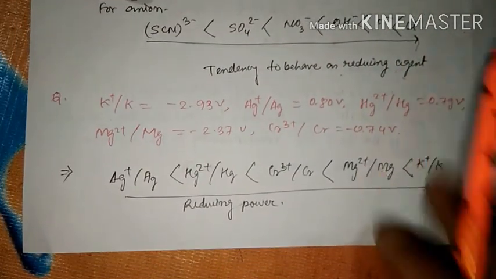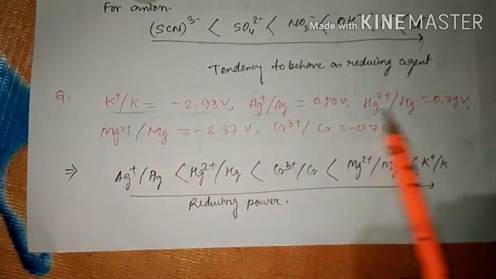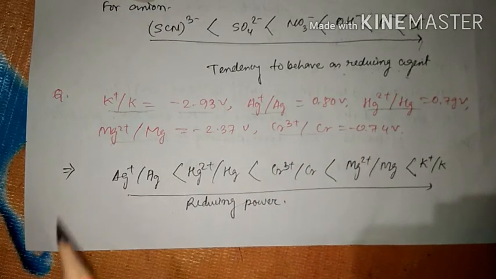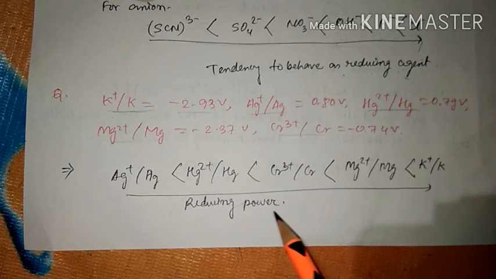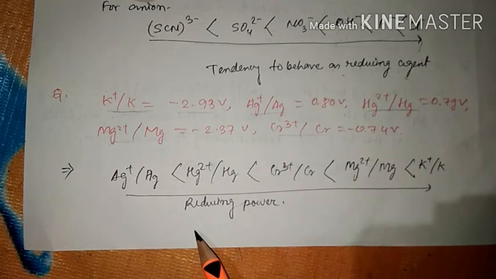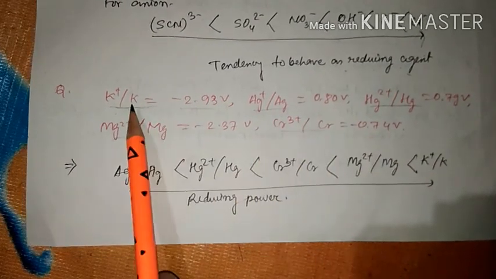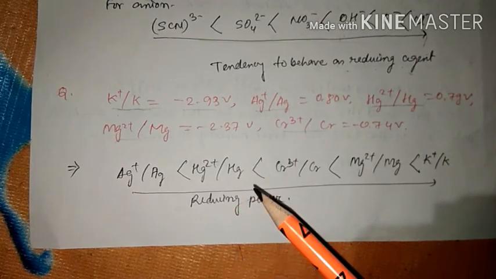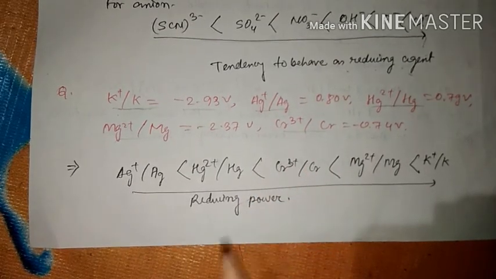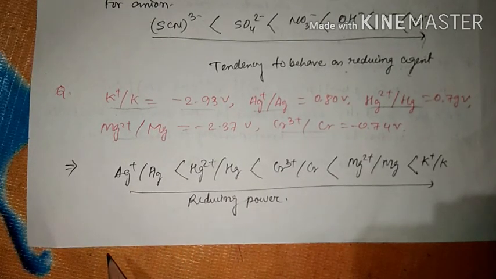Suppose in a question some reduction potential values are given, and the question asks to arrange them in increasing order of reducing power, or inversely, in order of oxidizing power, or which one is the strongest reducing agent or which one is the strongest oxidizing agent.